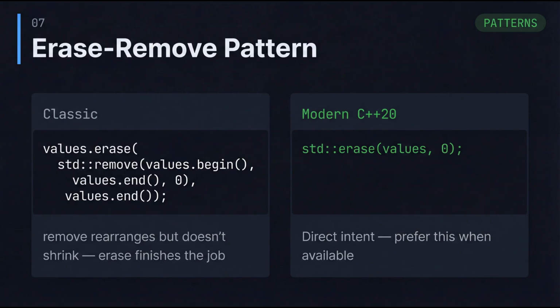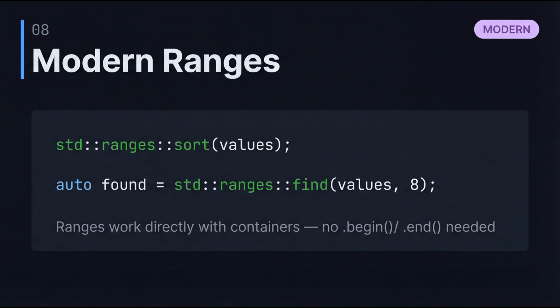The classic pattern: values.erase, then std::remove with begin, end, and the value to remove, then values.end. This two-step dance is called the erase-remove idiom. In C++20, there's a simpler alternative: std::erase(values, 0). One call, direct intent. Prefer this modern form when your compiler supports it.